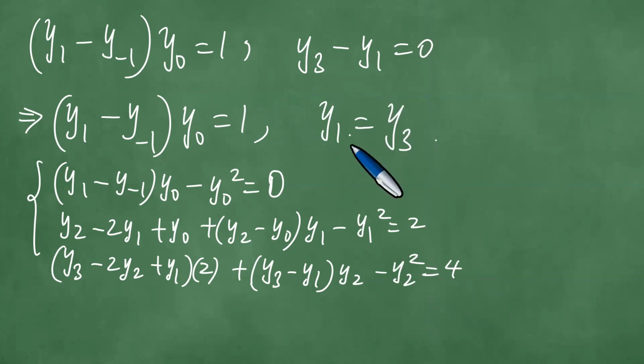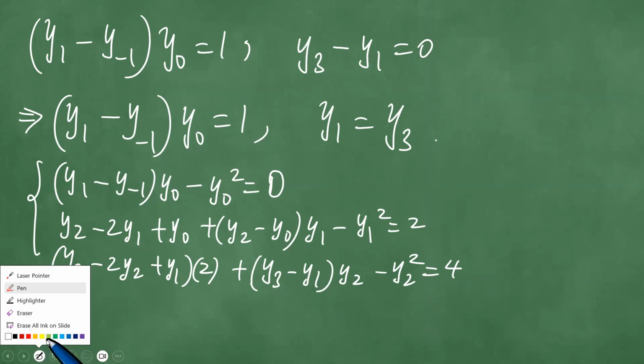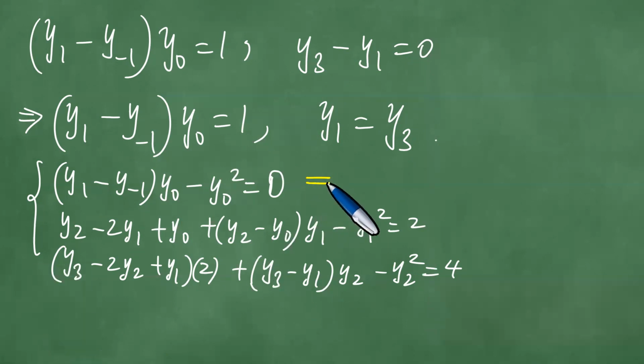Okay, now let's look at this and realize, what is y3 minus y1? It's 0. What is y0, according to the given boundary conditions? So we have implications that this one, for example, is going to just become 1 minus y0 squared equals 0.